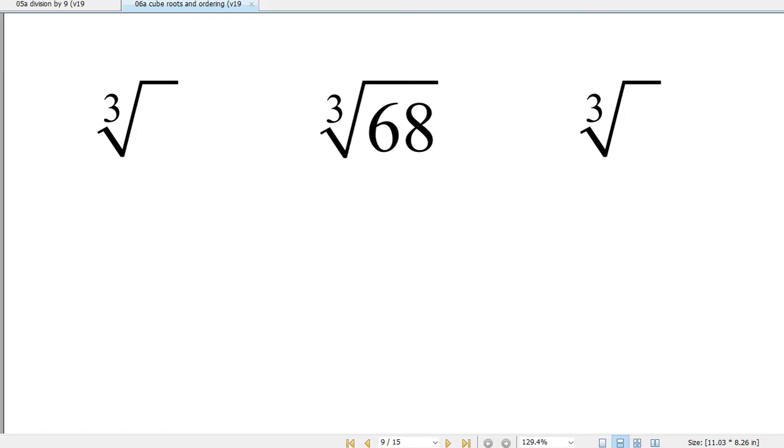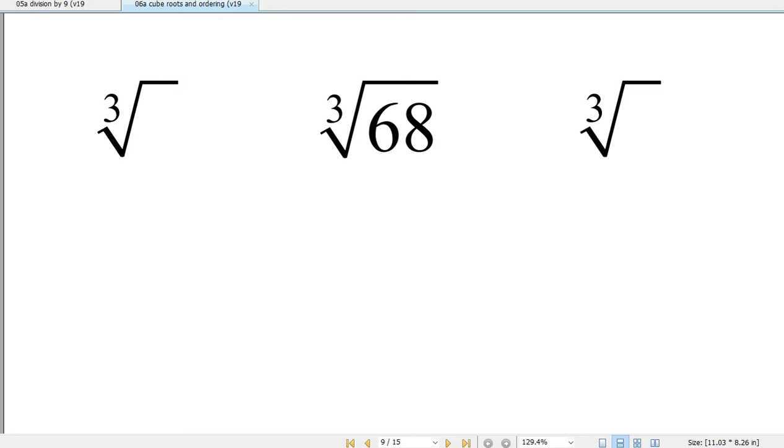Let's find its neighborhood. Well, I do know the cube root of 64, and I know the cube root of 125. So this is somewhere between 4 and 5.